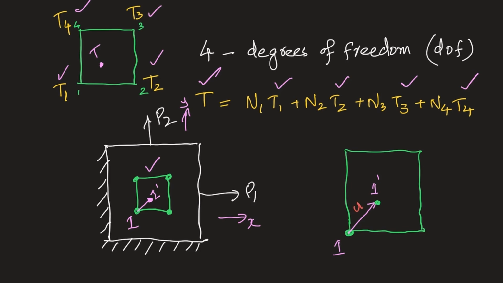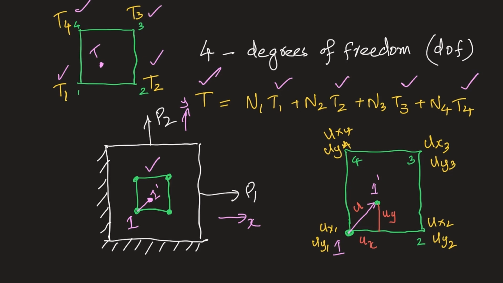And if you see, this displacement u has 2 components, the x component ux and the y component uy. Therefore, to describe the displacement at any node, 2 numbers are required.